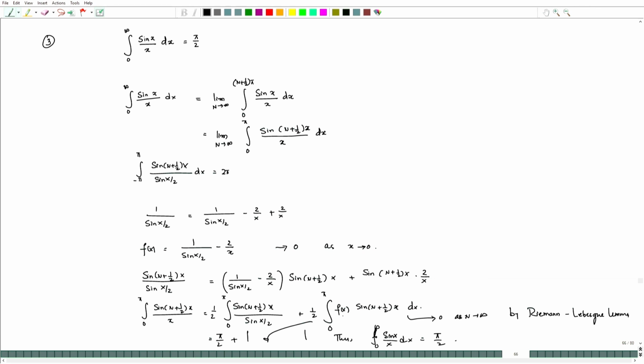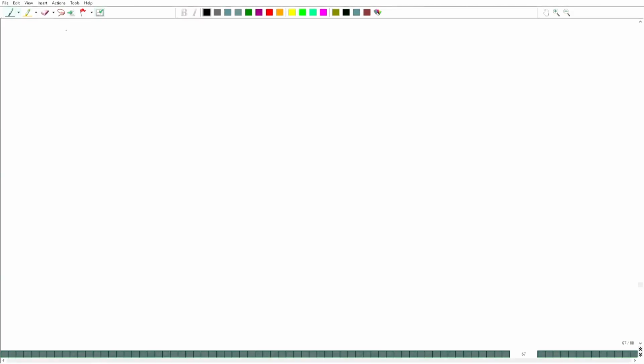Now, we will see another application of this Parseval identity. Suppose we are given f which is 2 pi periodic and piecewise differentiable, in C1.